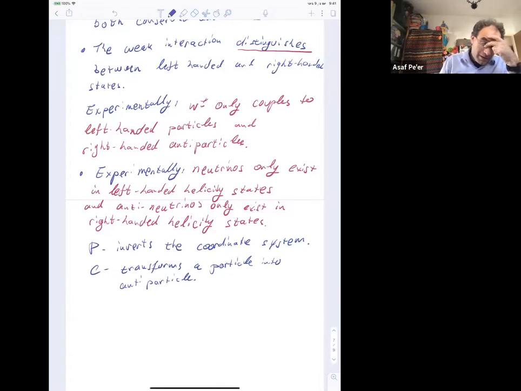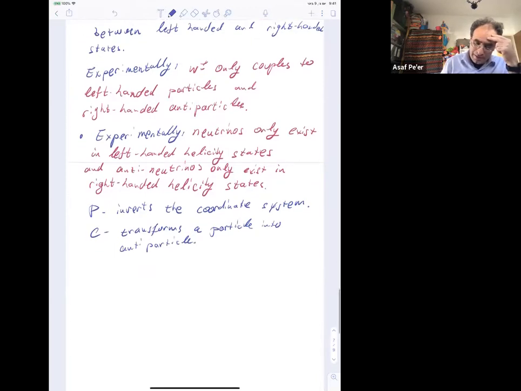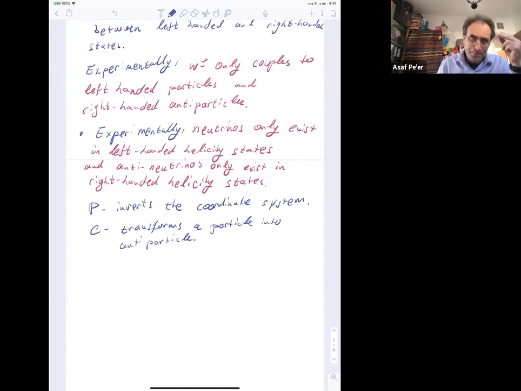So that means that P and C cannot be conserved. I mean, these experimental results mean that the weak interaction does not conserve P and C, right?